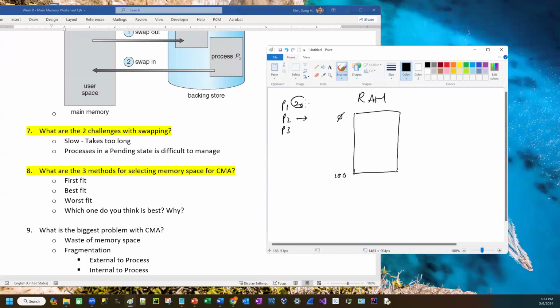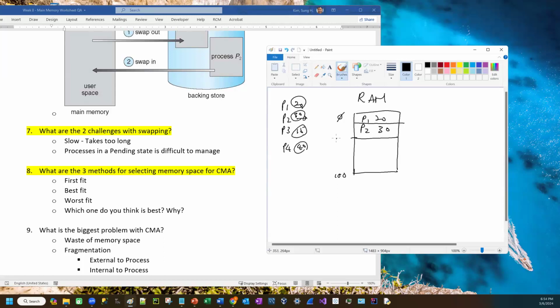So of space. And let's say this is 30 here, and then 15 here, and maybe P4, 40 here and stuff like that. So when P1 comes in, I have 100. So I'm just going to take from the beginning. There's a P1 with 20. And when P2 comes in, I'm going to give him a 30.